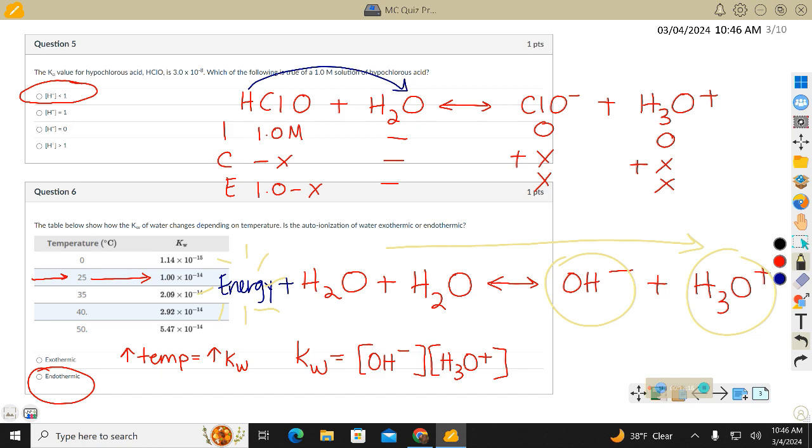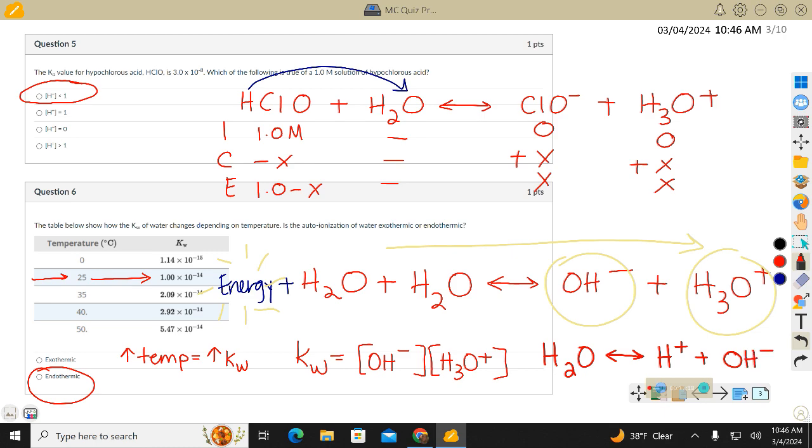The self-ionization of water is an endothermic process, just meaning that water on its own tends to ionize. Now, sometimes we write it like this, or sometimes we might just write it as H2O can split apart to form hydrogen and hydroxide.